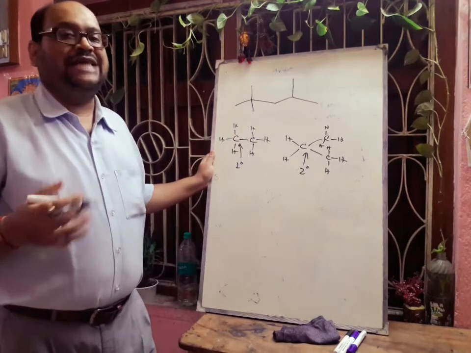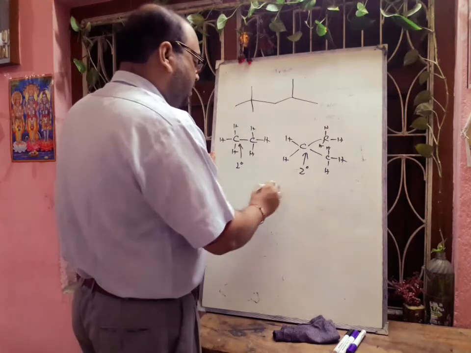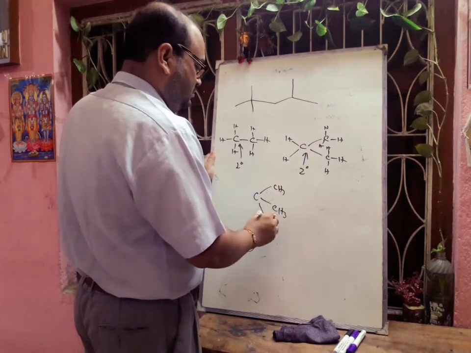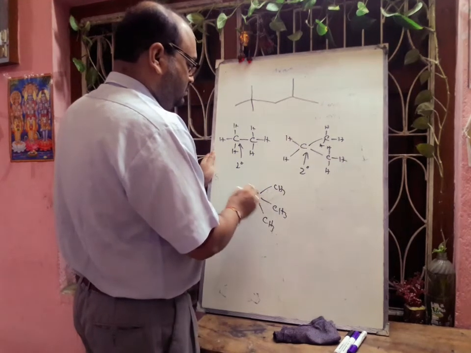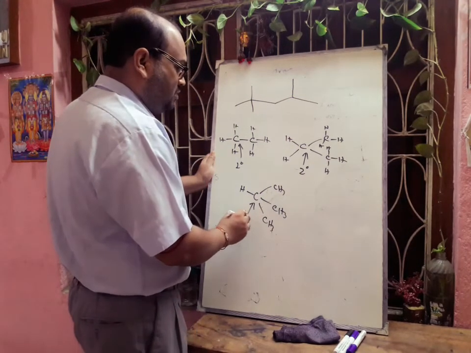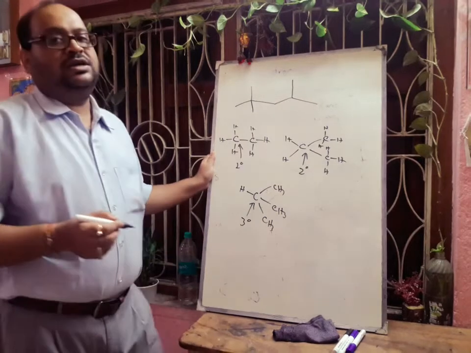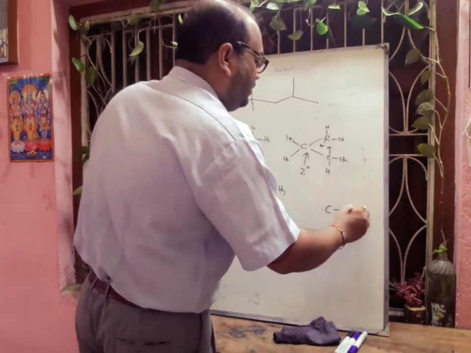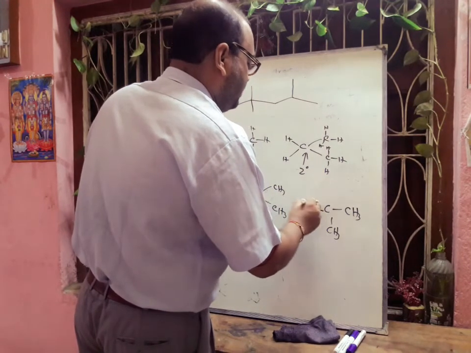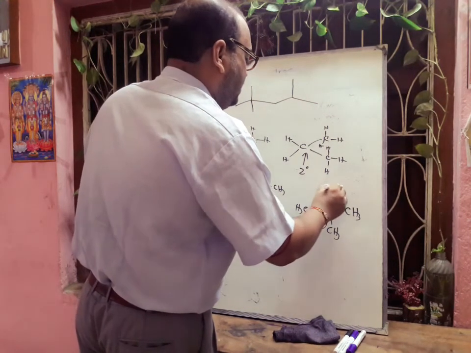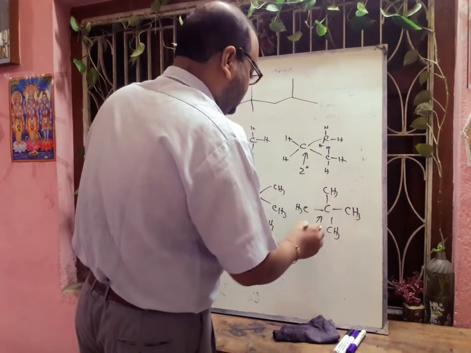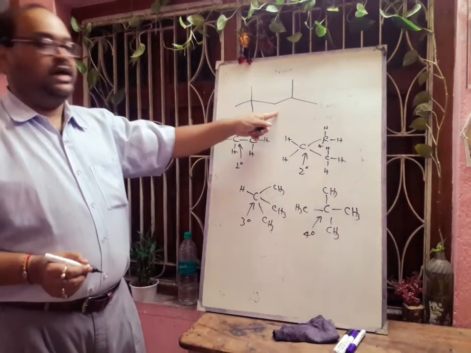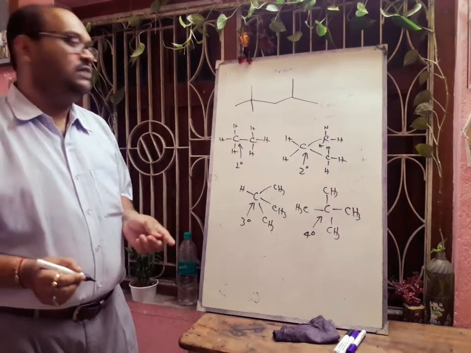If a carbon atom is attached to 3 carbon atoms, then it is called a 3 degree or tertiary carbon atom. And if a carbon atom is attached to 4 carbon atoms, then it is called a 4 degree or quaternary carbon atom. So I have drawn this structure, and from here you have to tell which one is what.